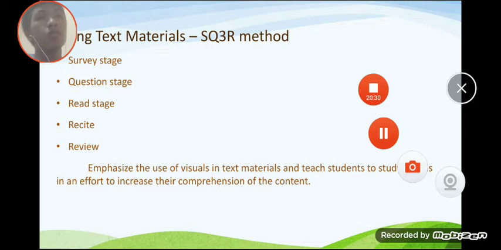Sa mga tanong na yon, dito napapasok yung 3 R. So, dito napapasok yung read stage. This helps to identify critical information in the text.